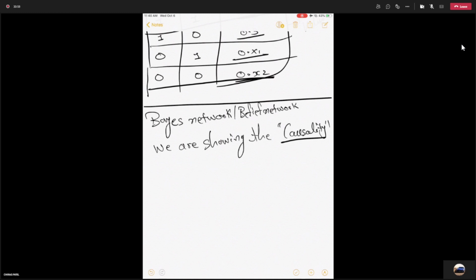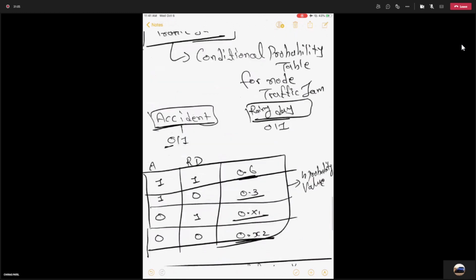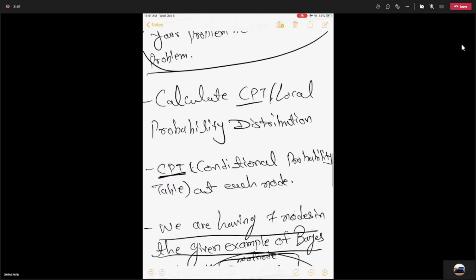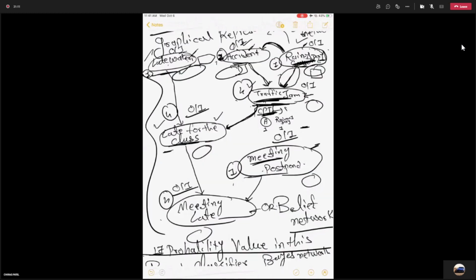Any rationalized meaning of it? If you are late to the class, what is the reason for it in this diagram? Either you woke up late, this is the primary thing, or it might be an accident on the road, it might be the rainy day, or it might be a traffic jam.